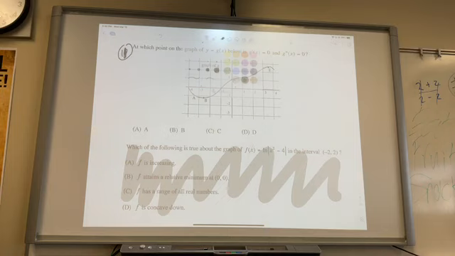Okay, here we go. This is the graph of G. This is not a derivative, it's actually the graph. Where is G prime 0 and G double prime 0?